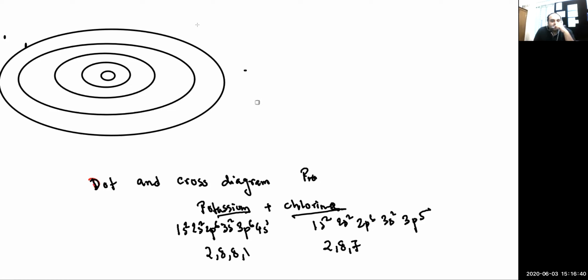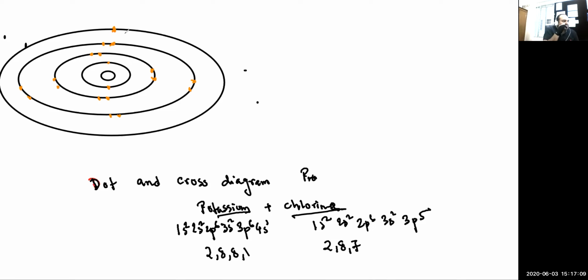So for potassium, we have 2, then 8, and then 1.